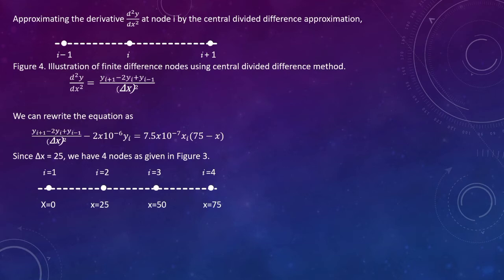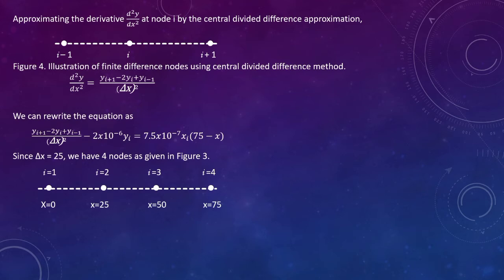Approximating the derivative d squared y over dx squared at node i, the central divided difference approximation. Illustration of finite difference nodes using the central divided difference method. d squared y over dx squared equals y sub i plus 1 minus 2y sub i plus y sub i minus 1 over delta x squared.